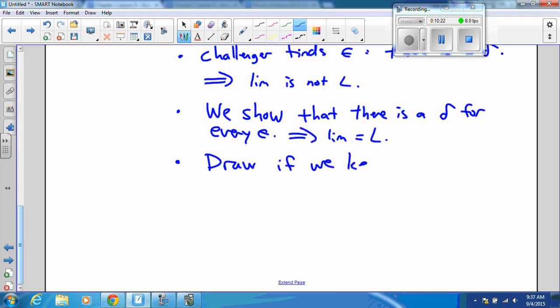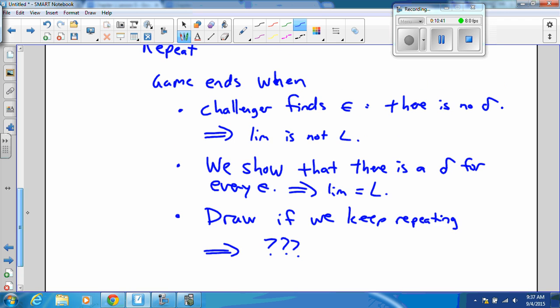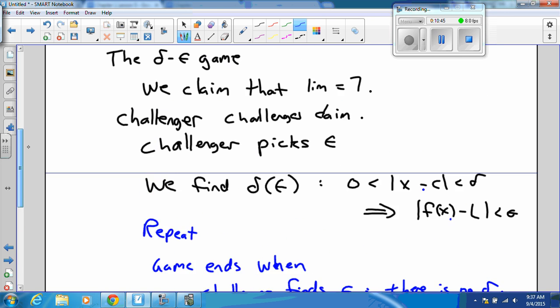And so if we keep on repeating, then the game is a draw. And in that case, we don't know whether the limit is L or not. We strongly suspect it, but we can't prove it.